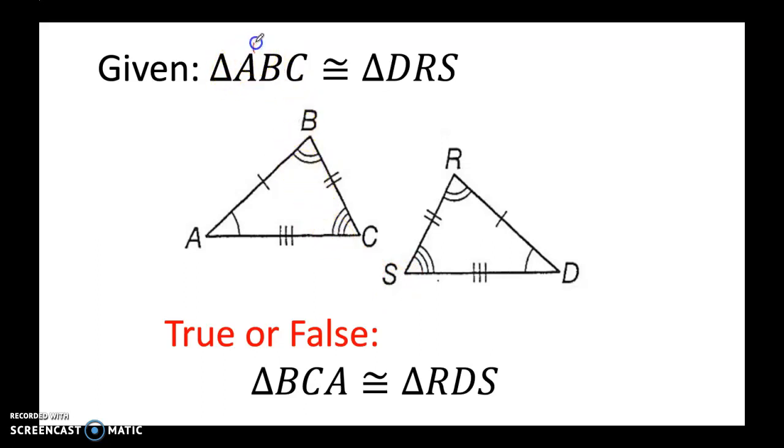A corresponds to D, B corresponds to R, and C corresponds to S. Now let's check triangle BCA. B should correspond to R. That's correct. C corresponds to S, but here it corresponds to D. Therefore, it is false.